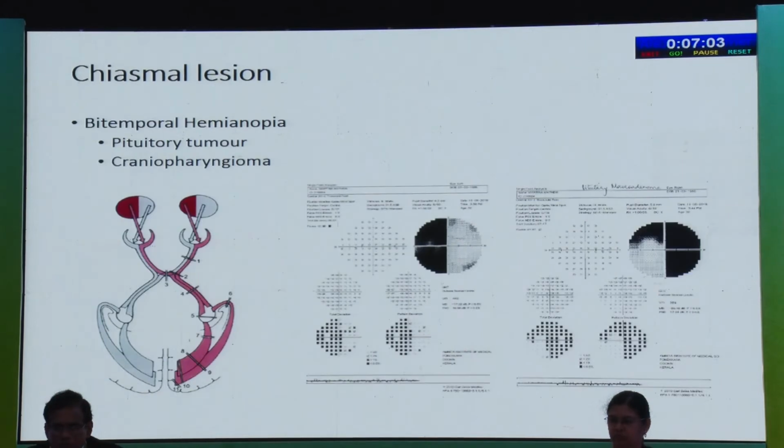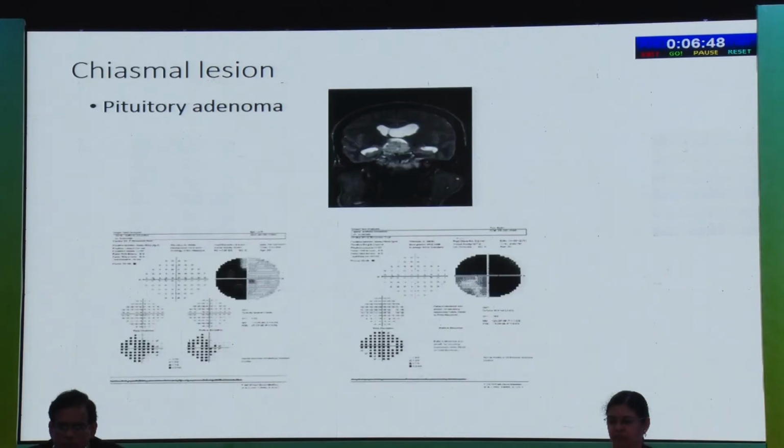Bitemporal hemianopia occurs in chiasmal lesions, and pituitary tumor and craniopharyngioma are the common tumors which cause bitemporal hemianopia due to involvement of the crossing nasal fibers at the chiasm. Here you can see pituitary adenoma causing bitemporal hemianopia initially. When the disease progresses, the field defect involves the nasal side.